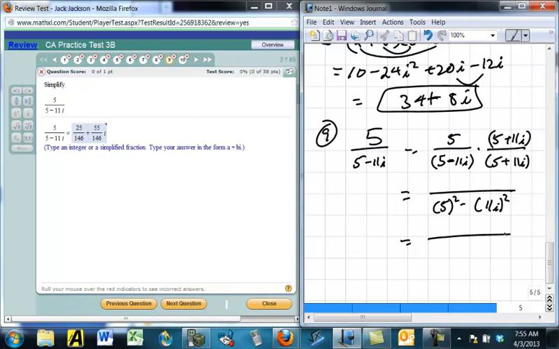Now look what happens here. 5 squared is 25. 11 squared is 121. i squared is negative 1, so that changes that negative to a positive. So when the dust settles, we get 146 in the denominator. Now we do FOIL in the top, which is 25 plus 55i.